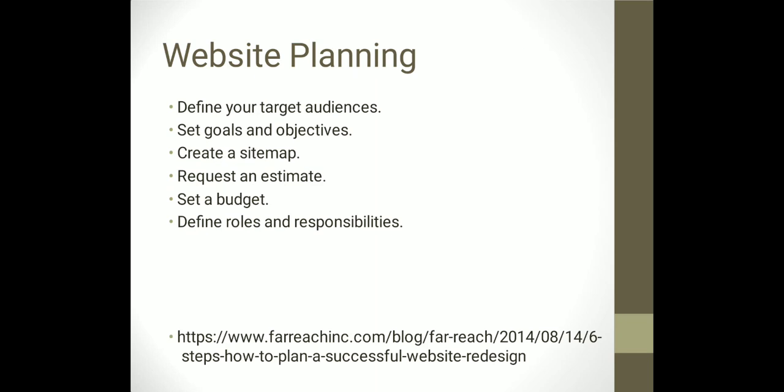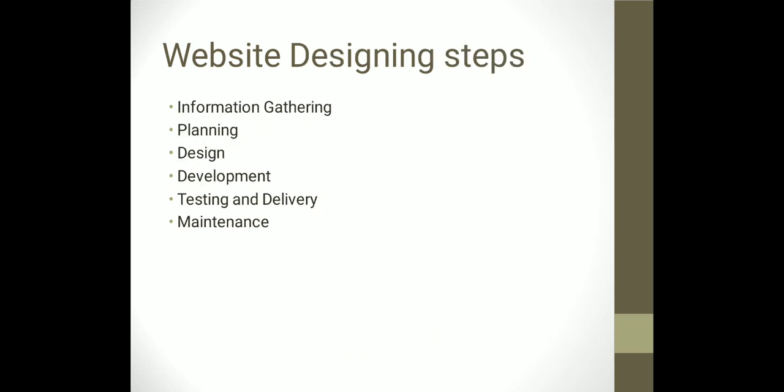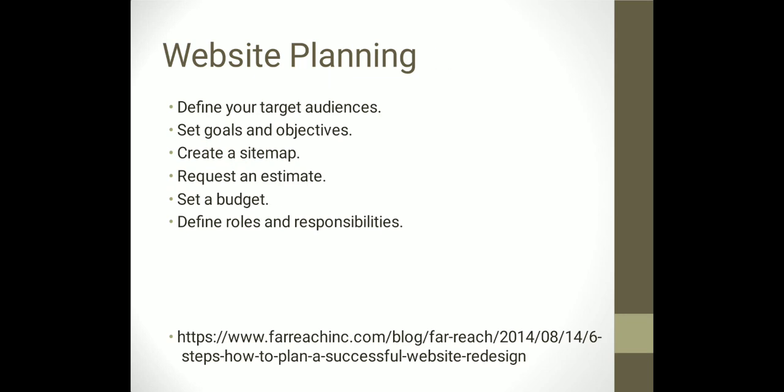First is information gathering. In website planning, we will first define the target audience, set goals and objectives, create the sitemap, request an estimate and set a budget, and after that define the roles and responsibilities.